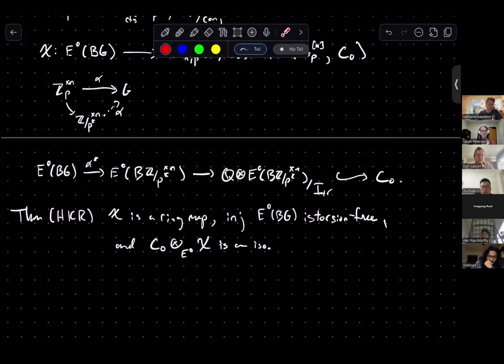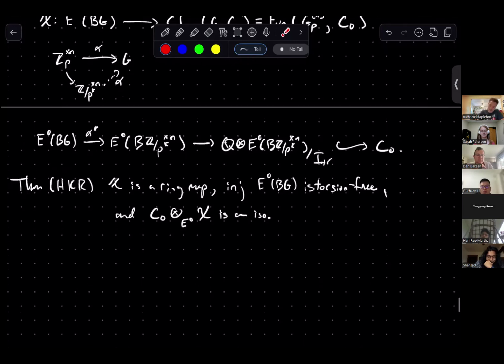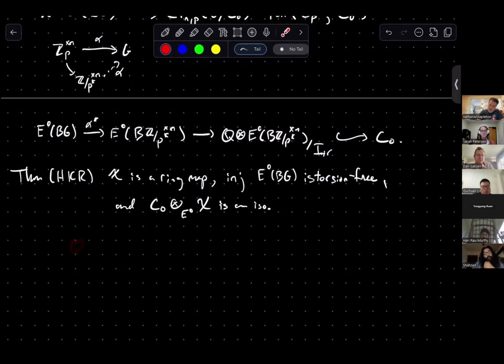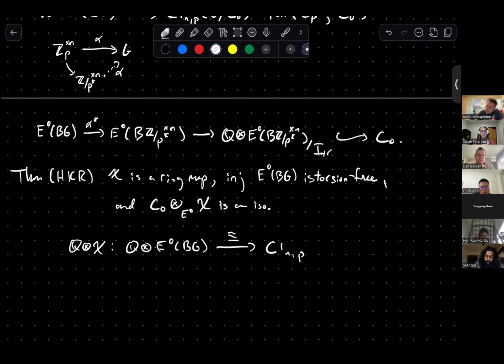And I can take the fixed points and we end up with a map, Q tensor chi, from the rationalization of the E-cohomology of BG. That's an isomorphism into CL^n_p(G; C_0), the GL_n(Z_p) fixed points. Okay, so that's how character theory goes in this situation.